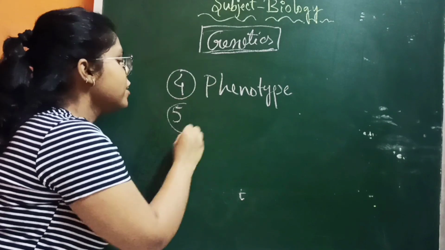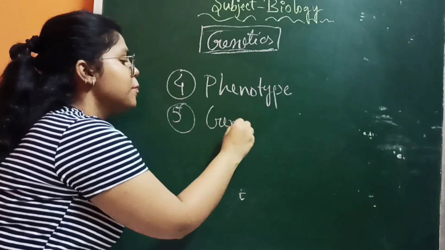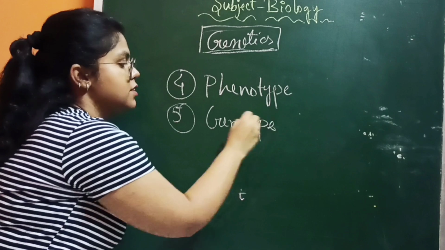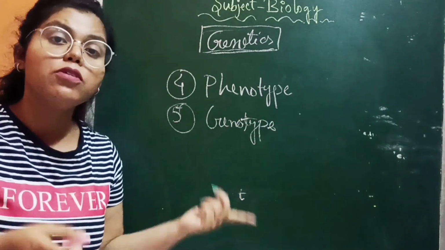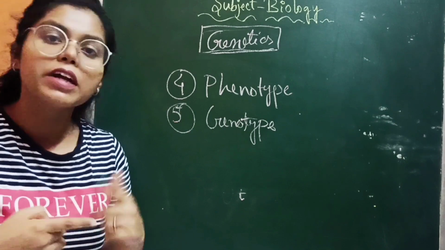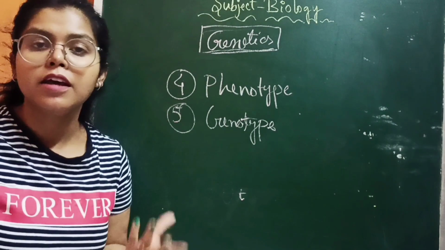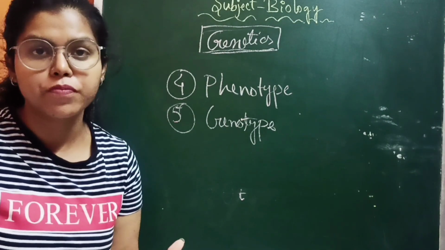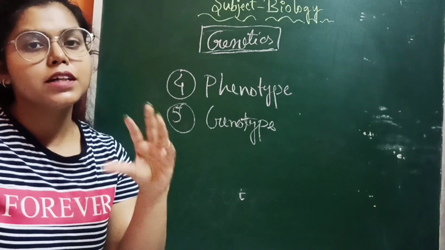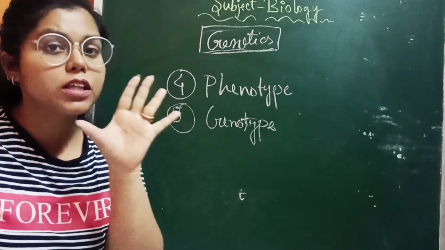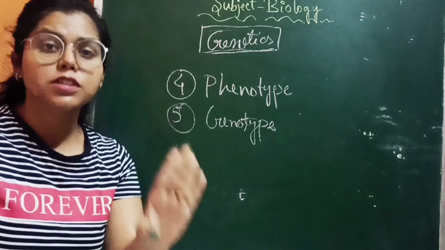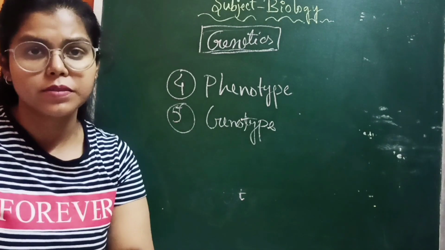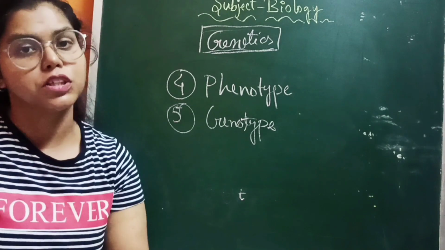Whereas genotype is basically the genetic analysis. We need the genetic analysis to explain genotype, because you and your sister may both have curly hair, but the genes responsible for your curly hair and your sister's curly hair can be different in their allelic nature.